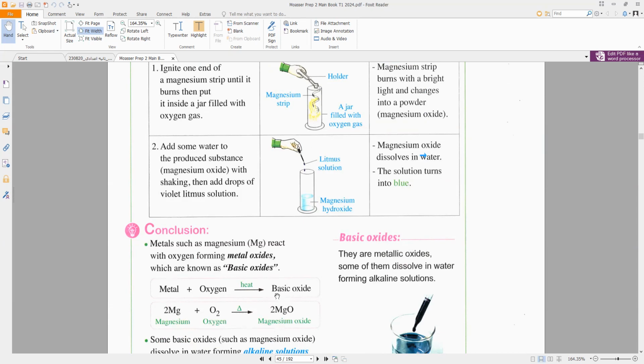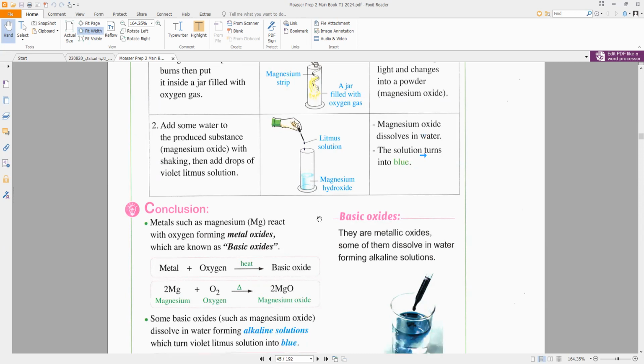Magnesium oxide is called an oxide, and we study that there are two types of oxide. When oxygen reacts with metal, it's called metallic oxide. So magnesium is a metal that reacts with oxygen to form magnesium oxide, called the metallic oxide. And when we put the white powder of magnesium oxide in water and dissolve it, it forms a base.